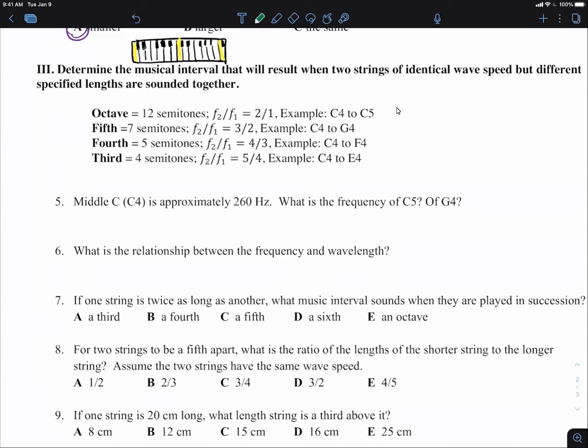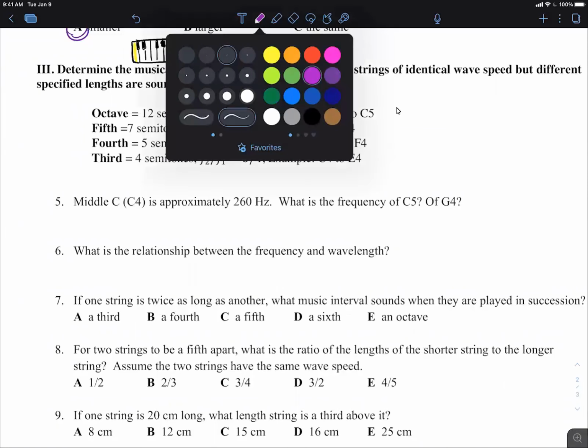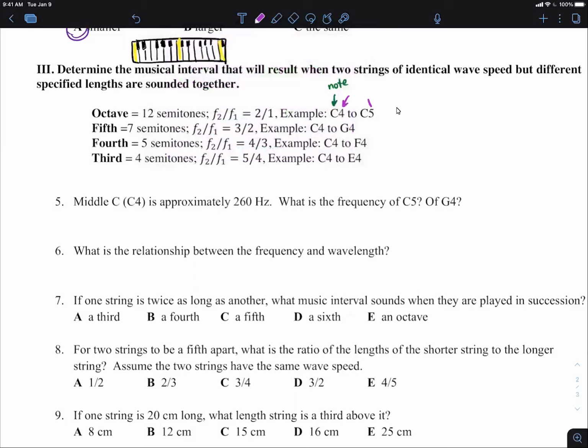The C here refers to the note, and then the 4 or the 5 refers to which octave you're at. C4 is middle C on the piano.